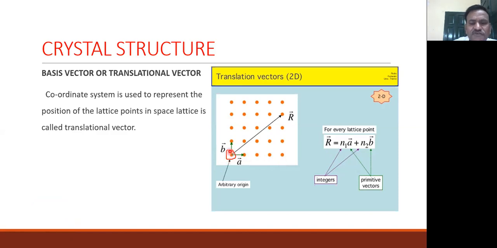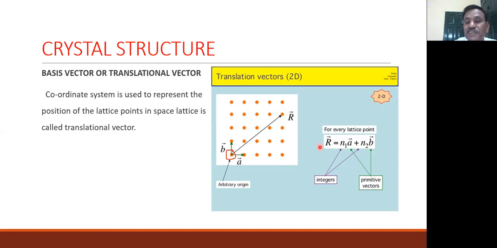Next, if I move along the y-axis, it is 1b, next 2b, this is 3b, this is 4b and so on. In general, now I want to represent this point. What is the location of this point?